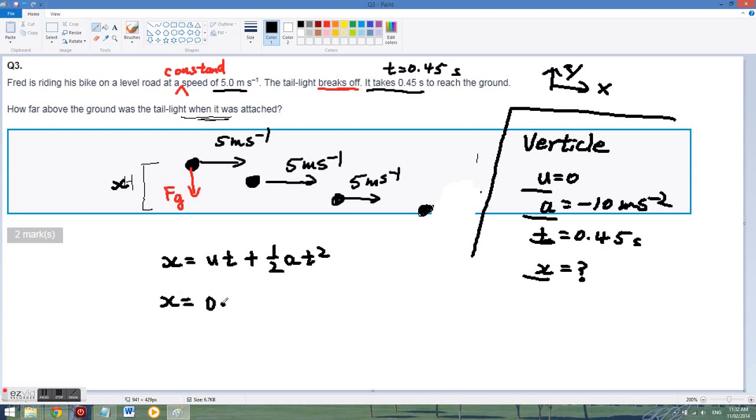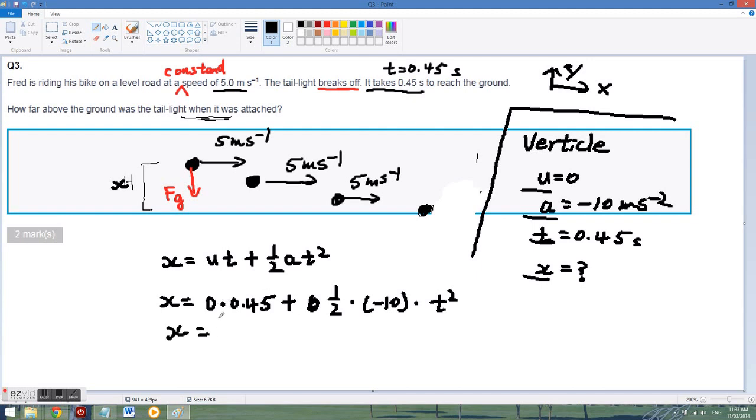0 times t plus half times minus 10 times t squared.